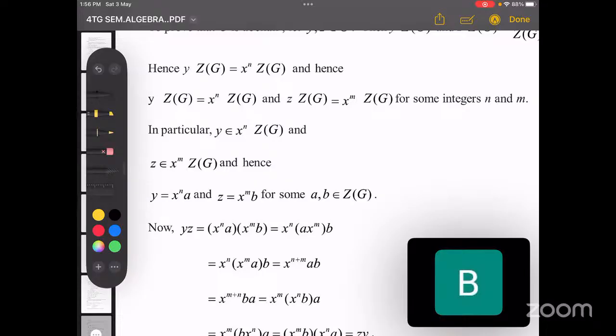Therefore, splitting it again, x^n x^m into b into a.